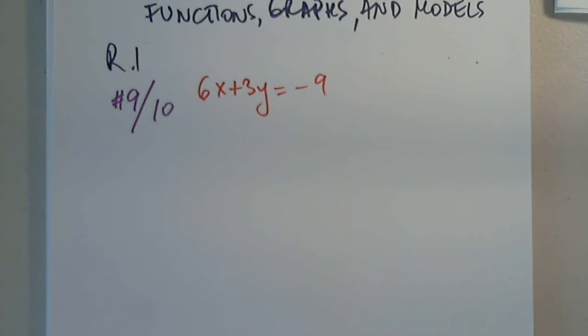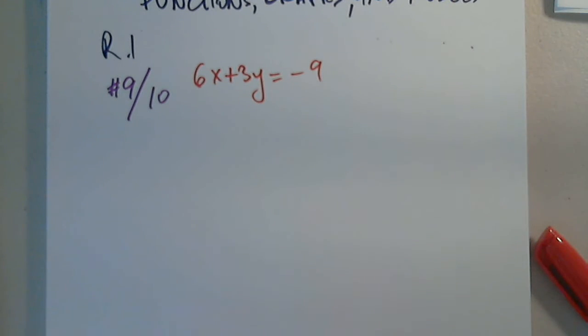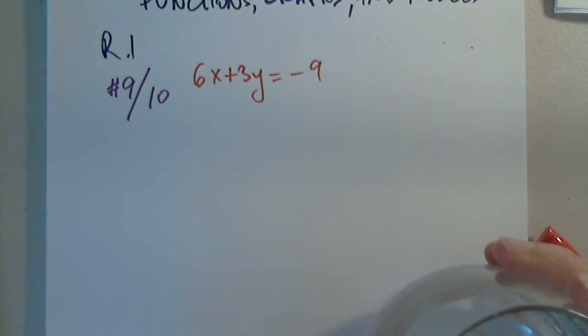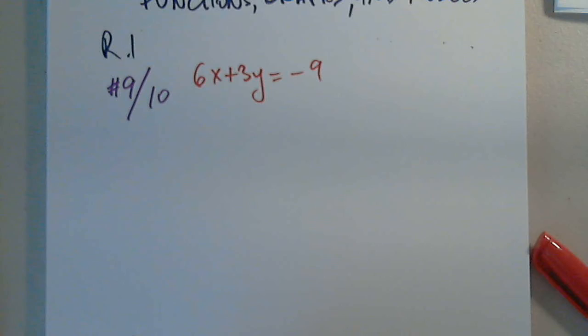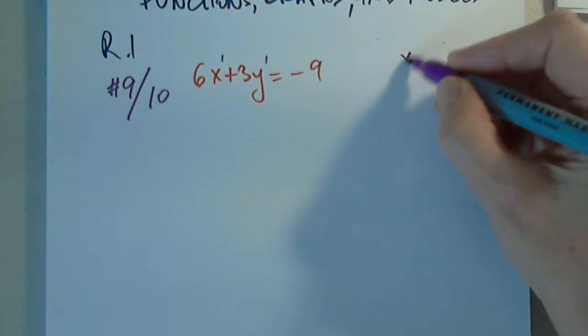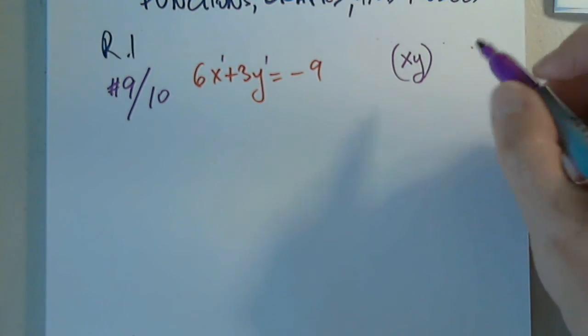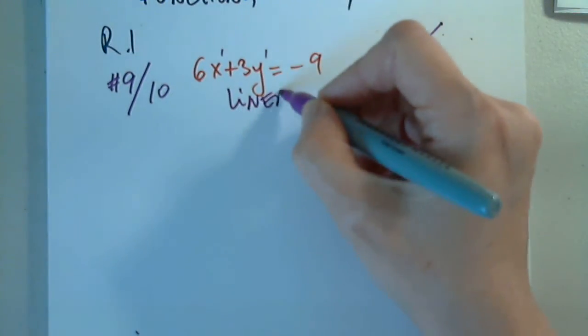First of all, can we establish what type of equation it is, and why? Because the variables have power 1 and there is no product of variables, this is a linear equation.